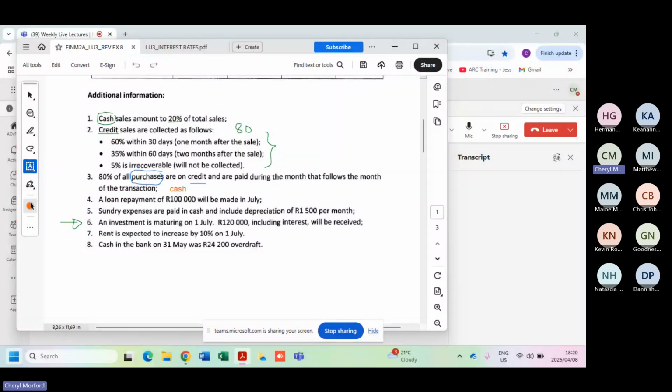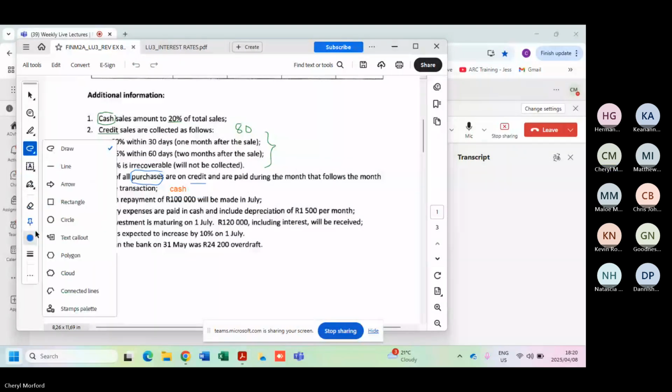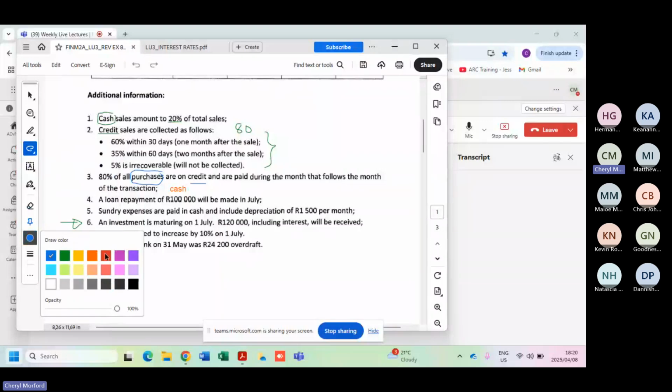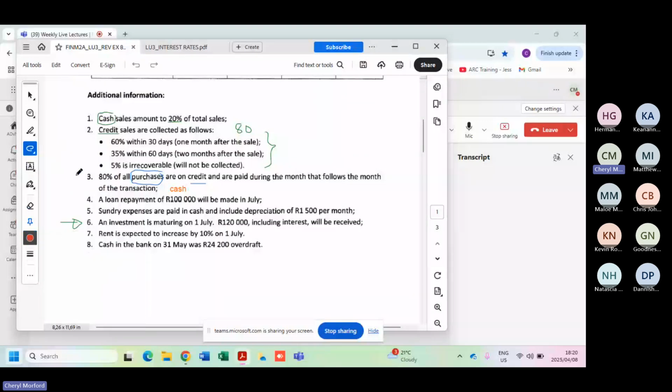So let's go with the red to represent the payments. So here's one, number 3, cash and credit purchases. Here's a loan that we're having to pay. Here are some sundry expenses. Here is rent. So as you can see, we've got 5 cash outflows.